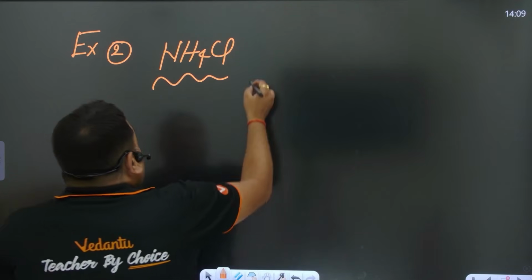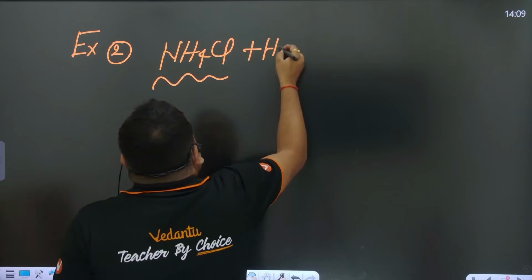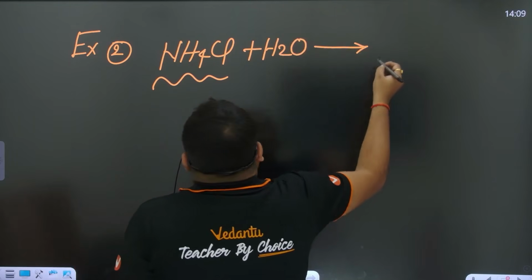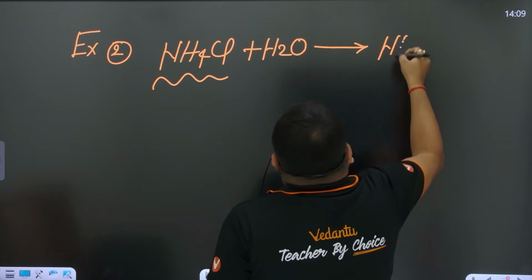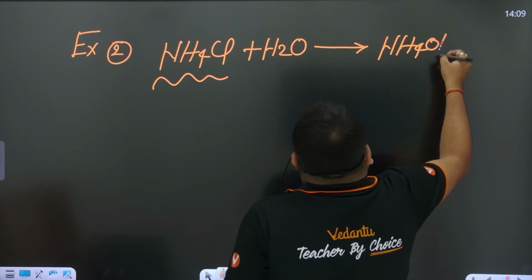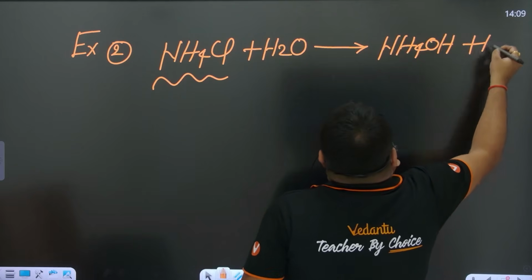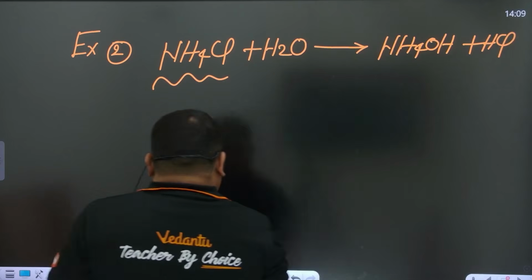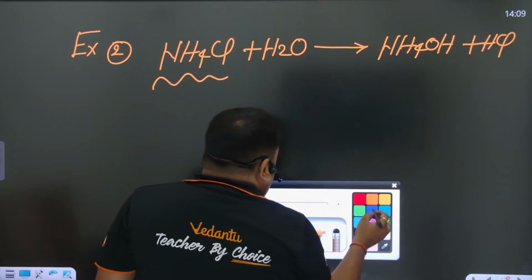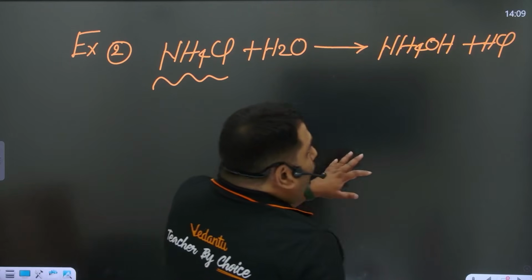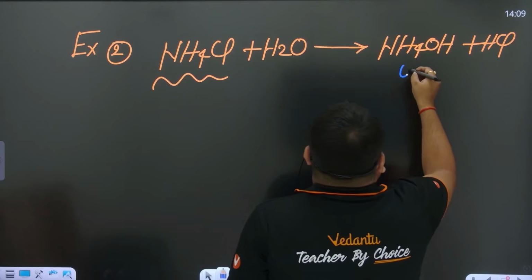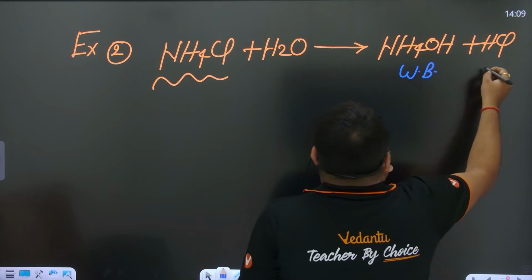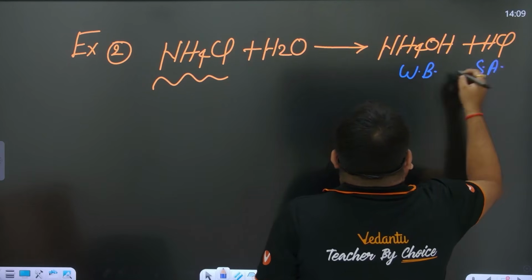Then first we have to add water to this salt. Then one acid and one base molecule are formed, NH4OH and HCl are formed here. Now we have to see out of these two, which one is weak. This is a weak base and this is a strong acid, right?